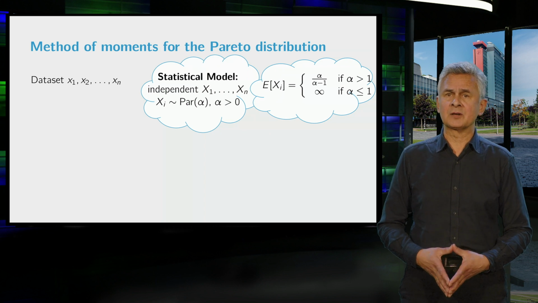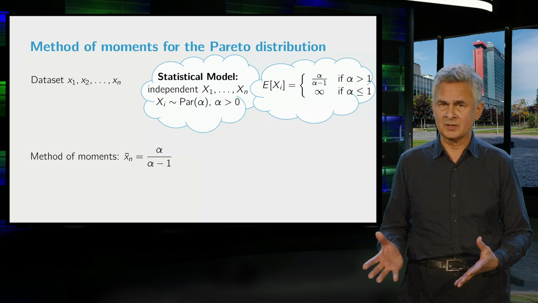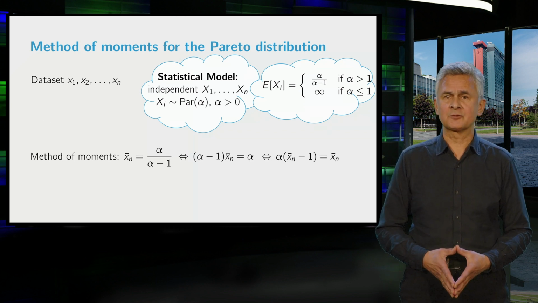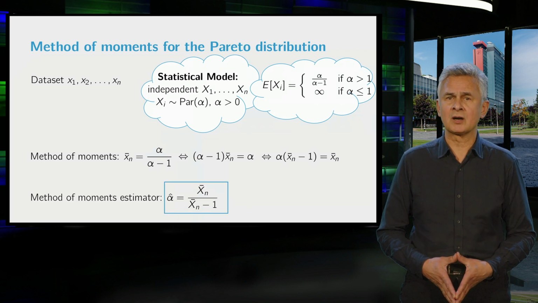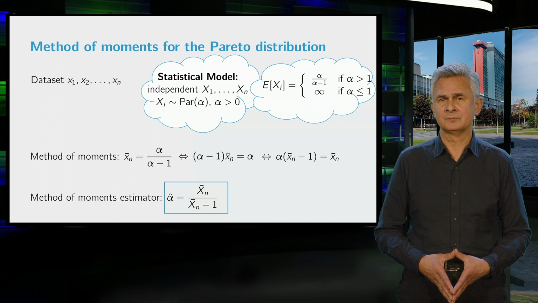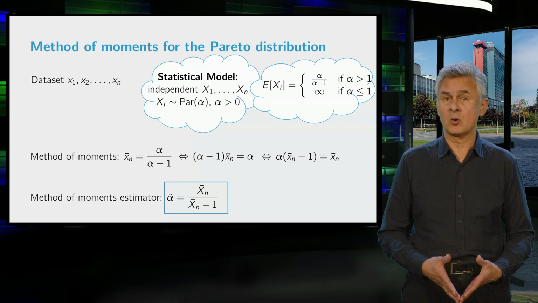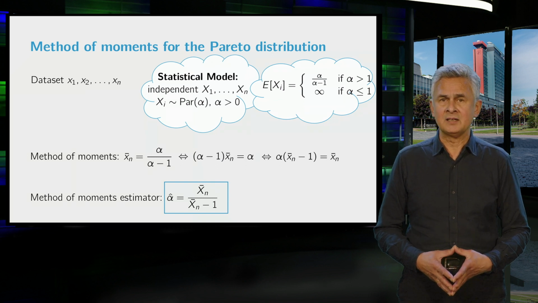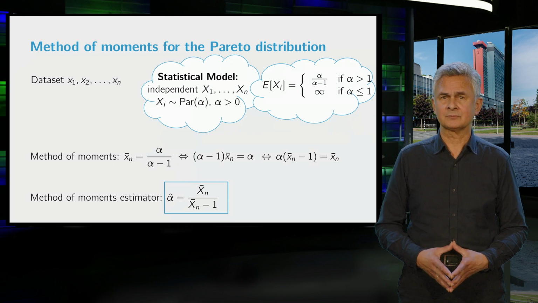For values of alpha greater than 1, the method of moments estimate is solved from this equation. This can be rewritten as follows, which then leads to the estimate x bar over x bar minus 1. So we conclude that the method of moment estimator can only be determined when alpha is greater than 1. And in that case, it will be different from the maximum likelihood estimator.